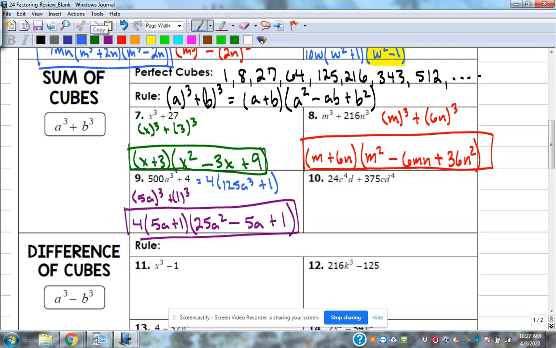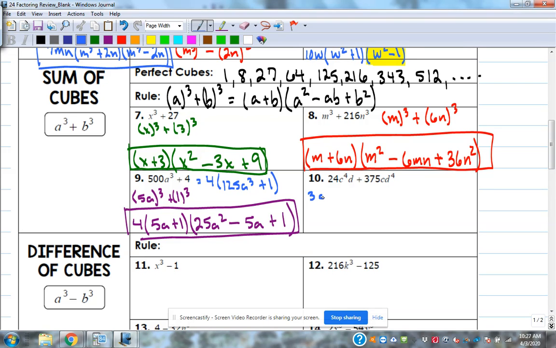Look at number 10. We got several letters in there. Look for a GCF. 24 and 375. 24 is divisible by 3 because 2 plus 4 is 6, and that's divisible by 3. 3 plus 7 is 10, plus 5 is 15, and that's divisible by 3. So I know 3 goes into both of those, and they both have C's and D's.